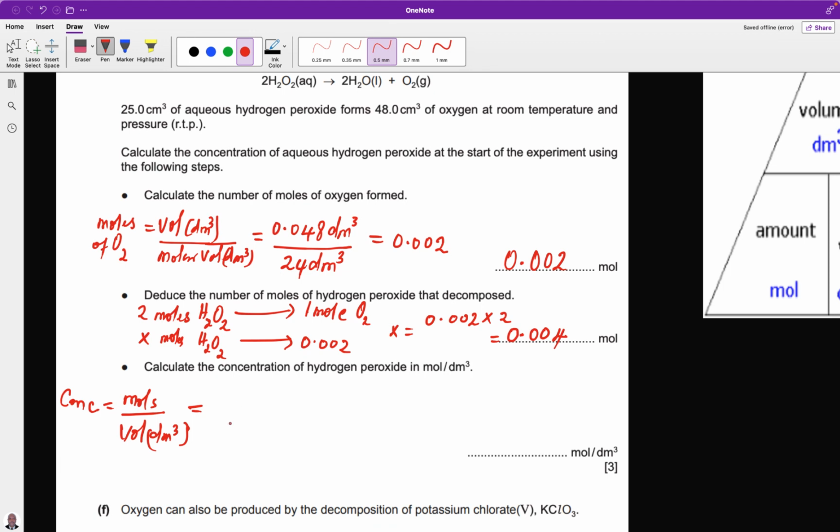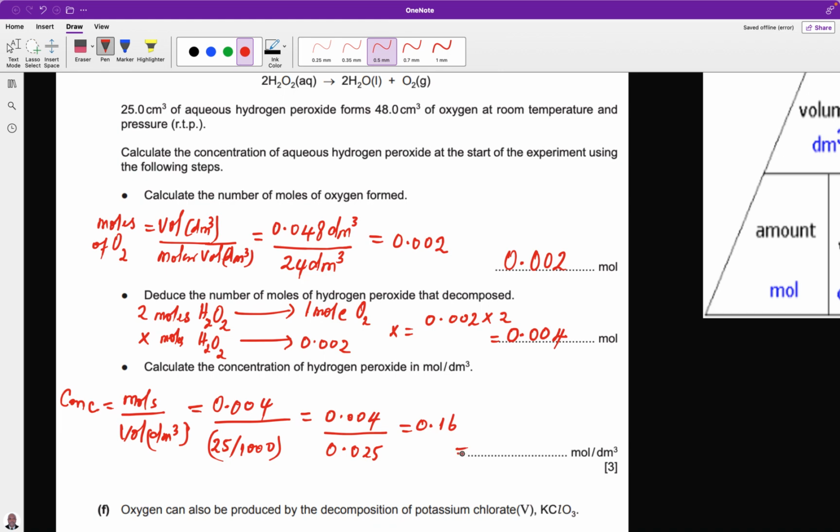So the number of moles of hydrogen peroxide is 0.004 divided by 25 all over 1,000. 25 divided by 1,000 will be 0.025. So 0.004 divided by 0.025, and when we divide this, we will have 0.16.